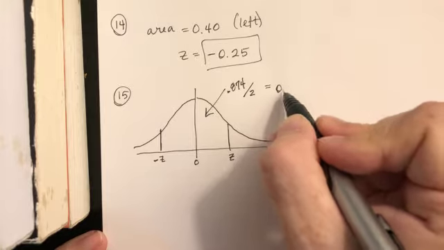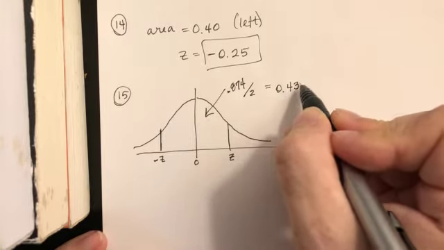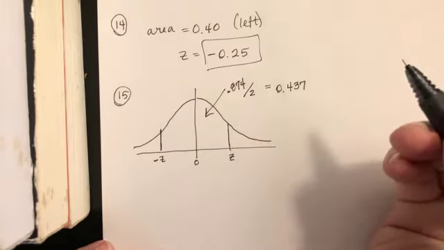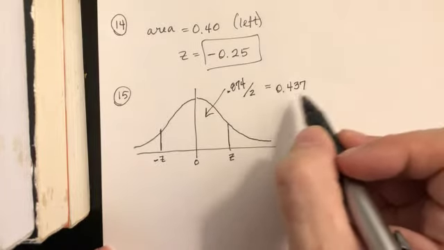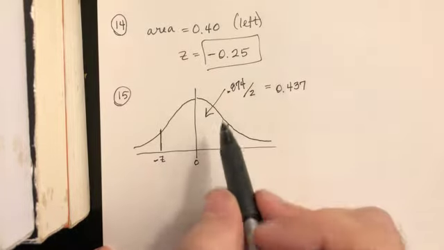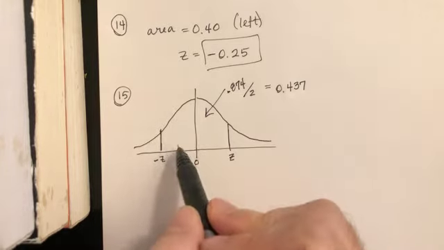I'm going to get 0.437, I think. Yeah, 0.437. Now that's the area here, and that's the area here.